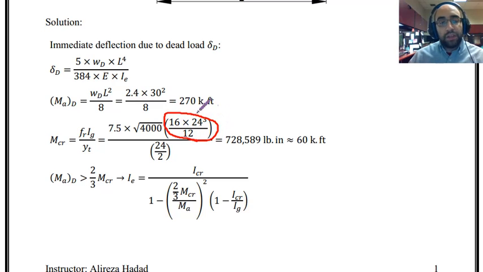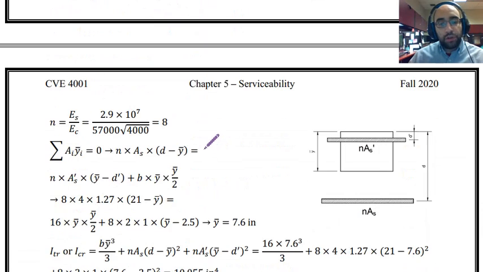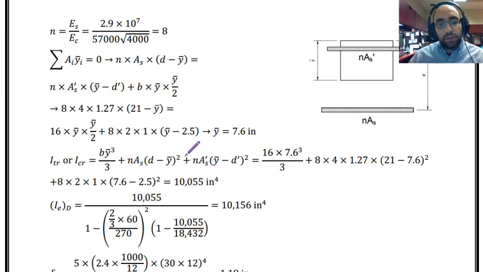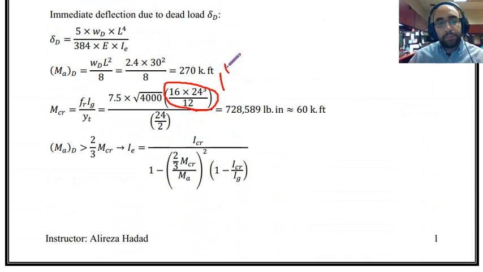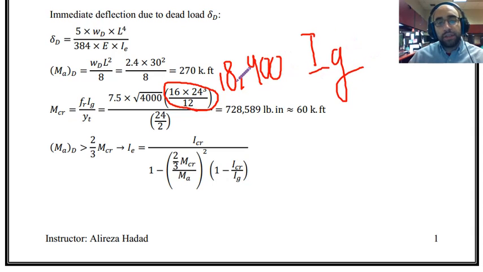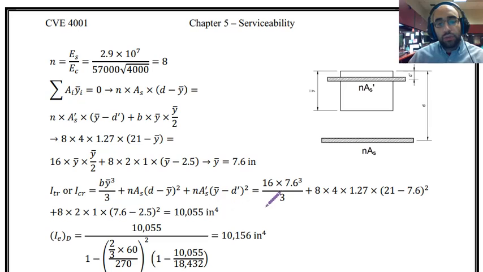I didn't mention it, but if I want to give you the value, that is approximately 18,400. So that is the IG. As you can see, when the section cracked, the moment of inertia dropped from 18,400 to 10,055, about 10,000. That is how the section properties will change when the concrete section cracks.